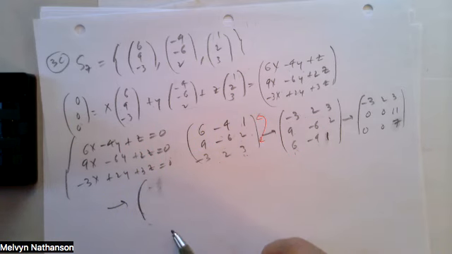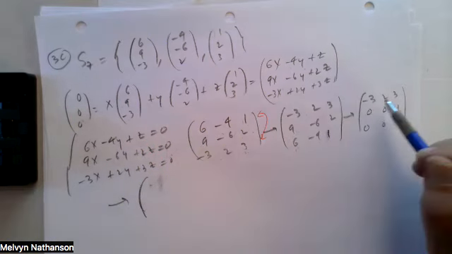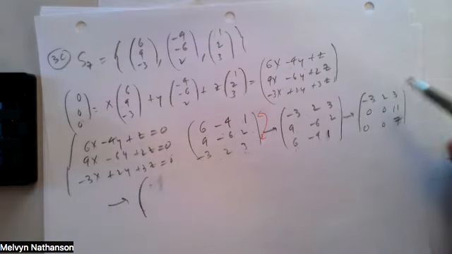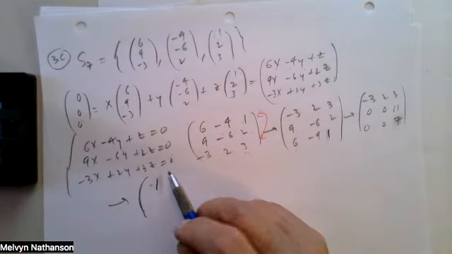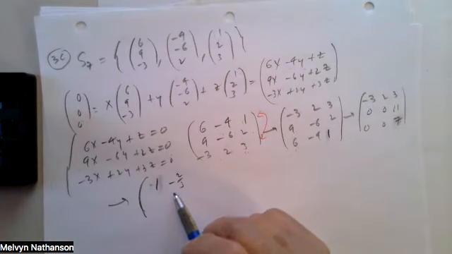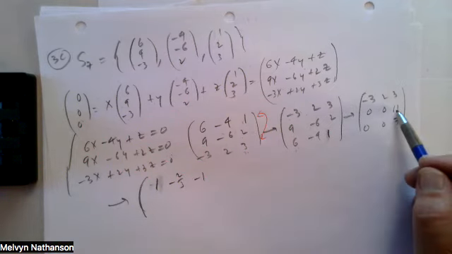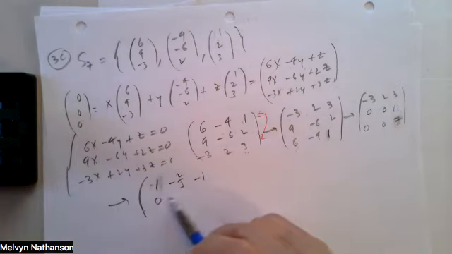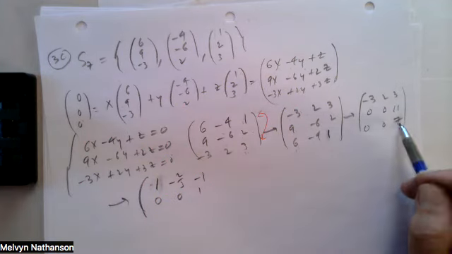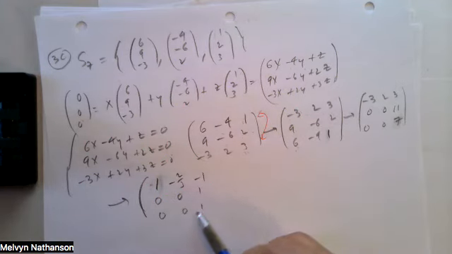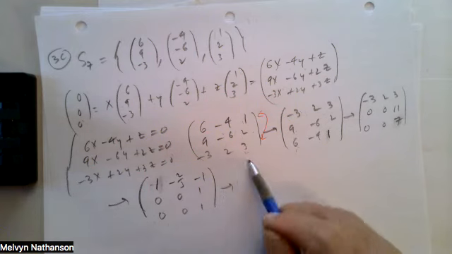So I'm just row reducing the matrix. If I take the first row and I divide by minus 3, I get 1, minus 2/3, minus 1. And if I take the second row and I divide by 11, I get 0, 0, 1. And if I take the third row and I divide by 7, I get 0, 0, 1.